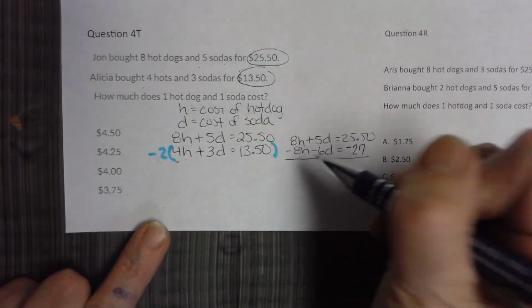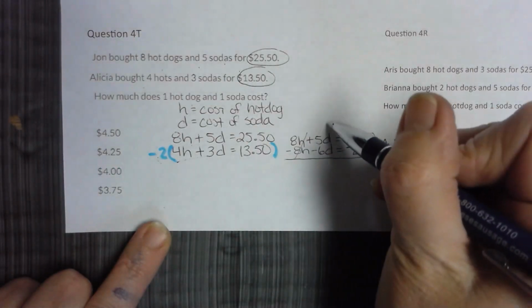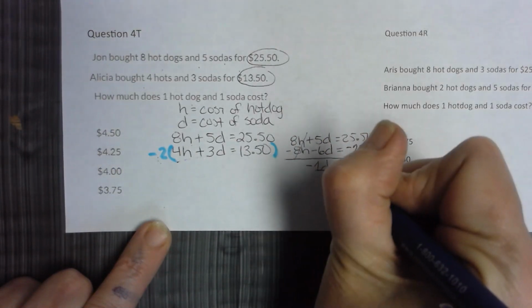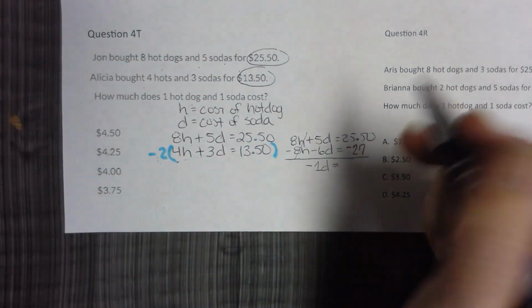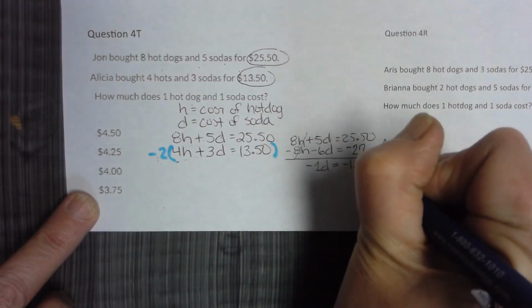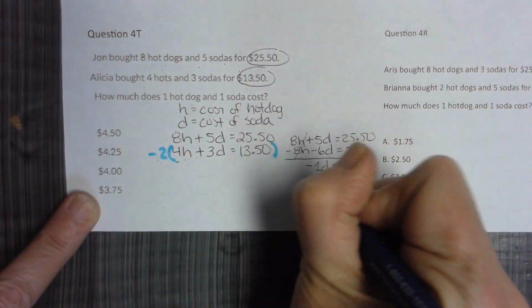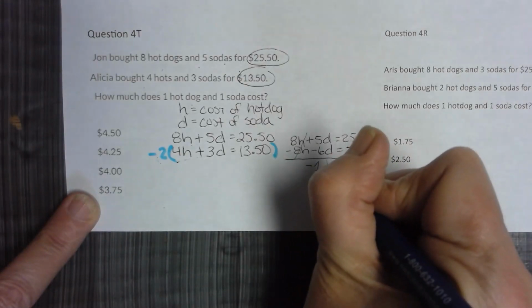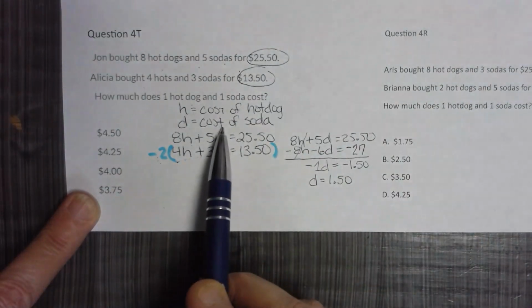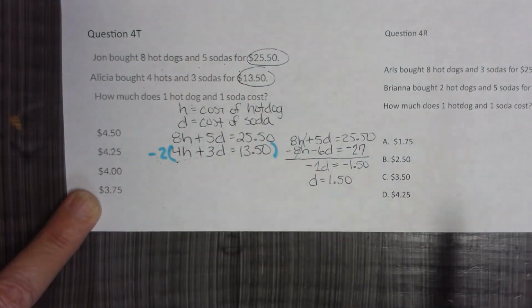All right. And now that cancels. I can combine straight down, and I get -1D. I combine here, and I think I get -$1.50. Divide both sides by -1, and I get $1.50. So basically what this says is the cost of 1 soda is going to be $1.50.